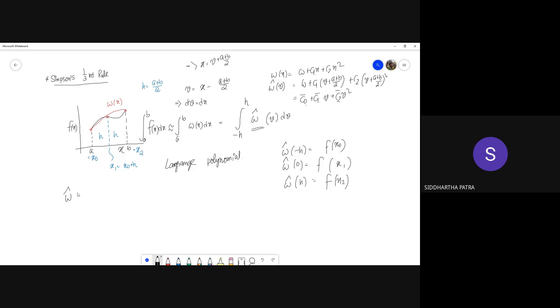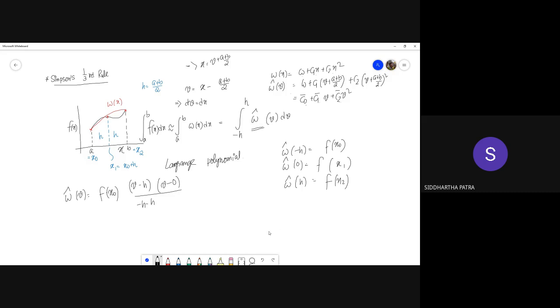So w hat of v is f of x0 times (v minus h)(v minus 0) divided by minus h... Achha.